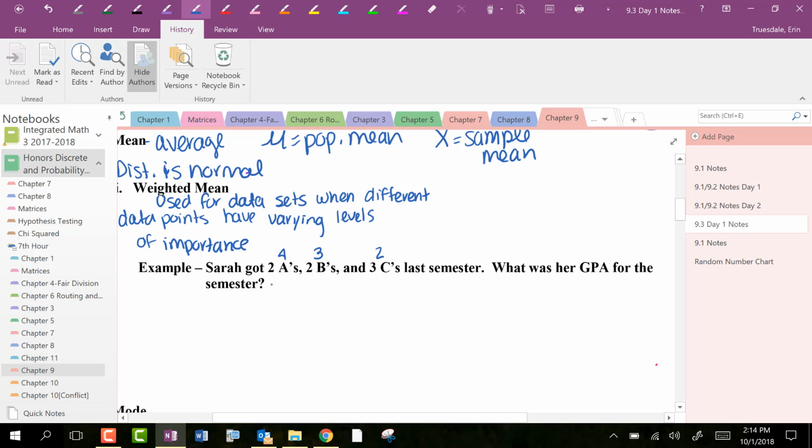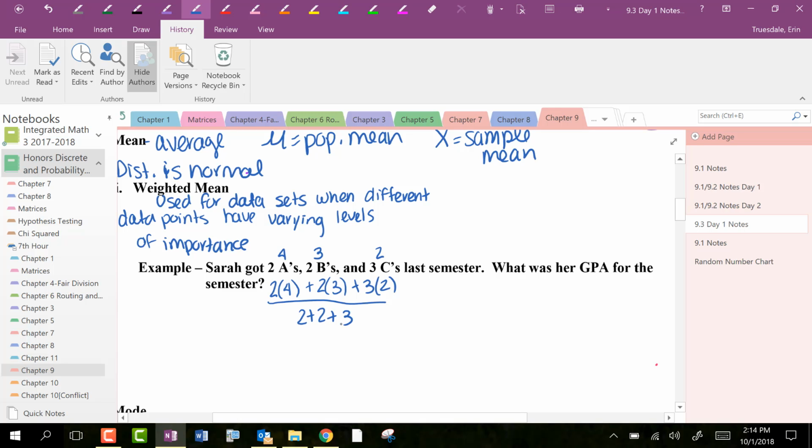We're going to do the 2 A's times the 4 points, so you get 8 points from your A's. Then the 2 B's times the 3 points, you get 6 points for your B's. Then 3 C's, 2 points apiece, so 6 points for your C's. Then you have to divide by how many grades you got: the 2 A's plus the 2 B's plus the 3 C's.